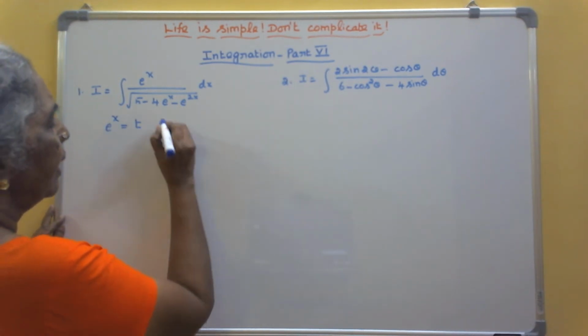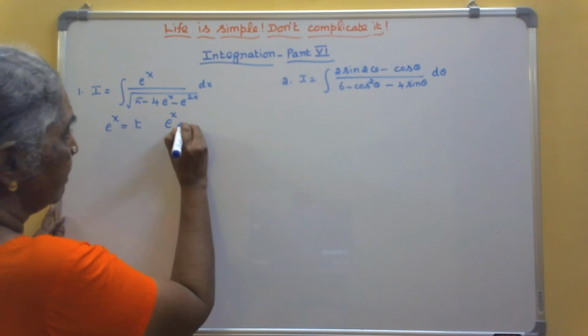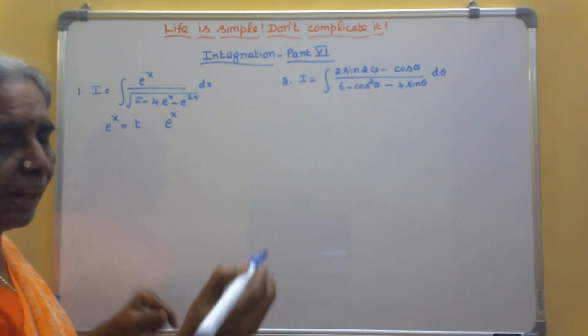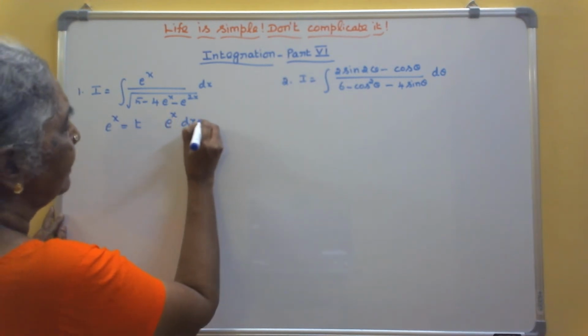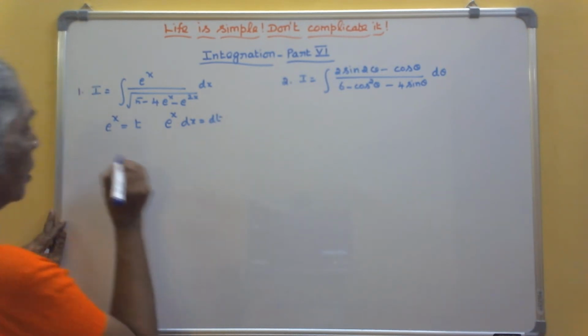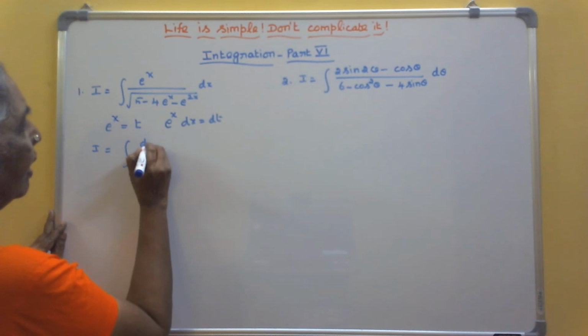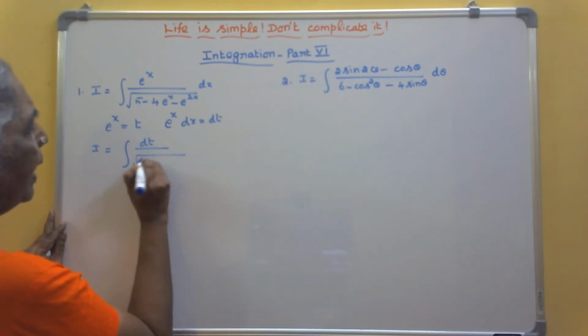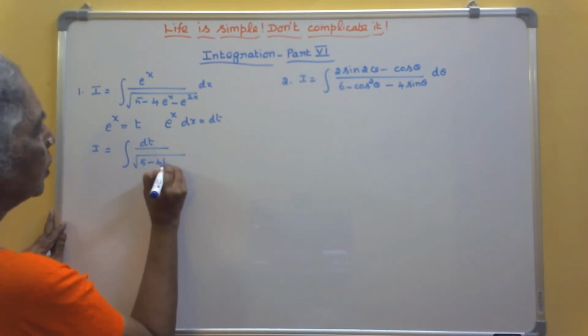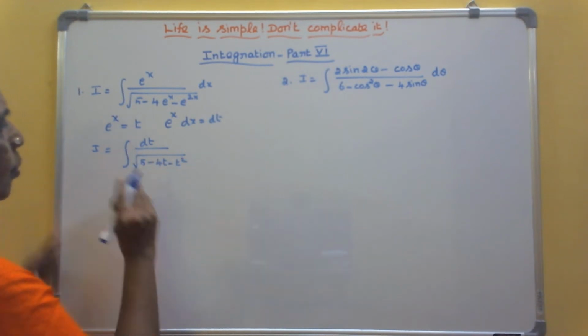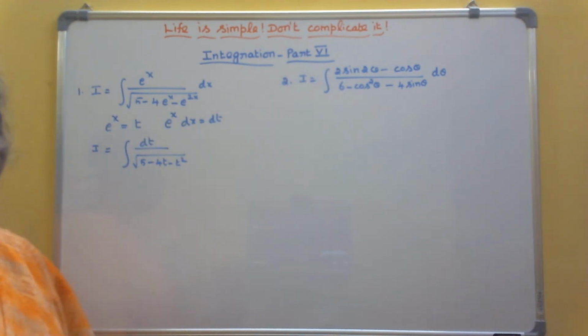When e power x is t, even when you differentiate, you will get the same e power x, that is dt by dx. So I will get e power x dx is equal to dt. So the I is going to now become, in the numerator I will write dt. The denominator is 5 minus 4t minus t squared. Just look at this step now.